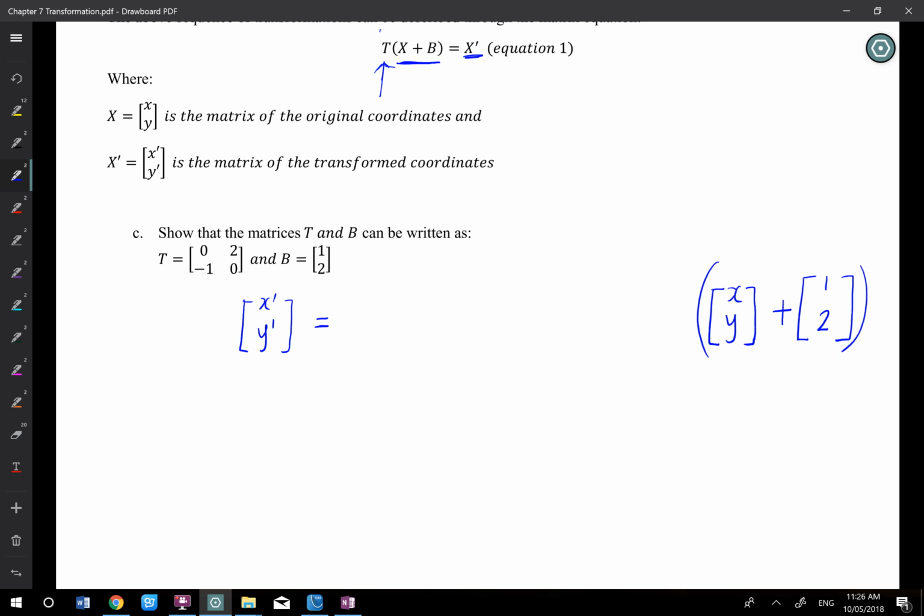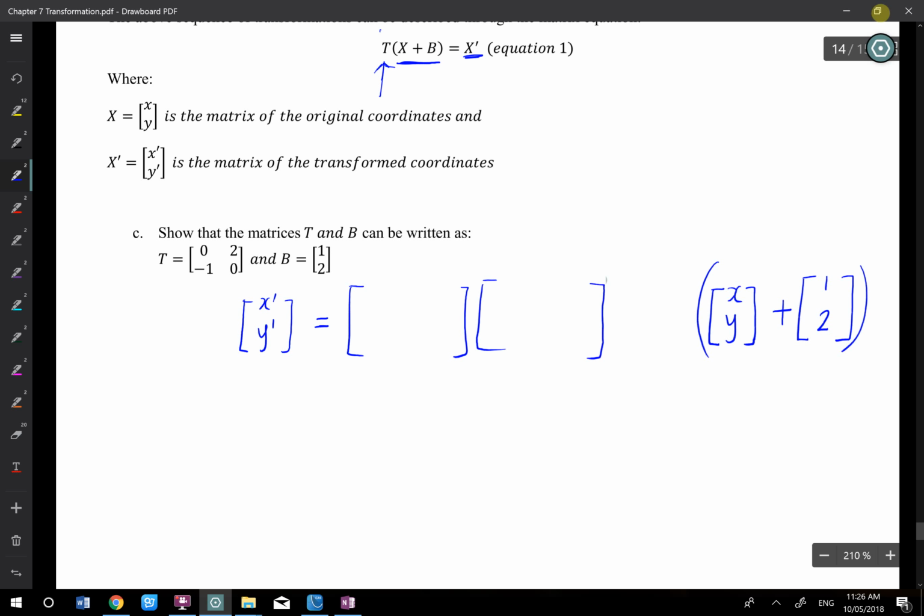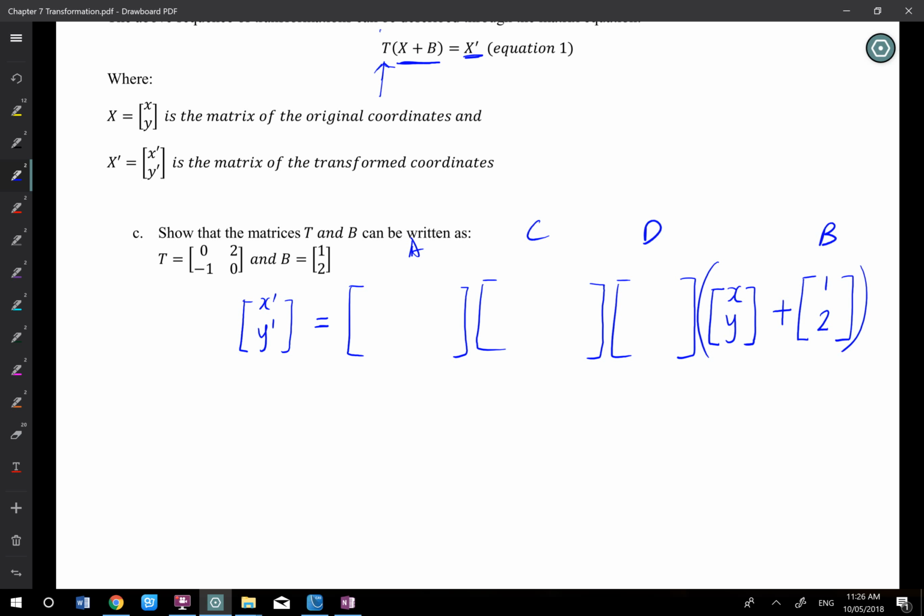And the second thing that happened. What's the second thing? The second thing is a reflection. We know we have 3 more things happening. Let's say that's A, C and D matrices, because that's B. Can you tell me which one I should fill in first?